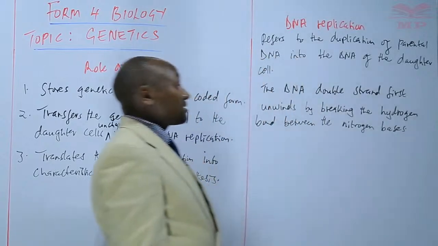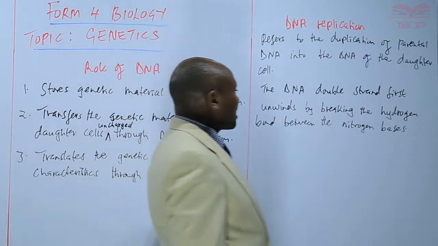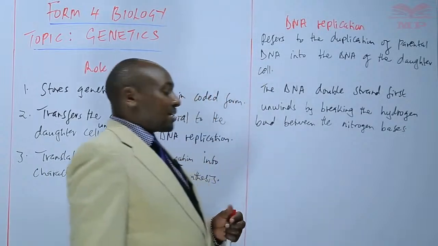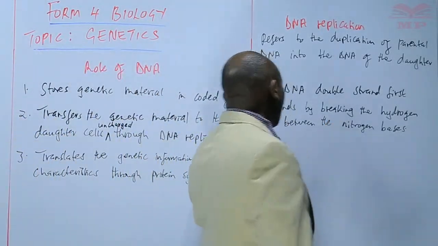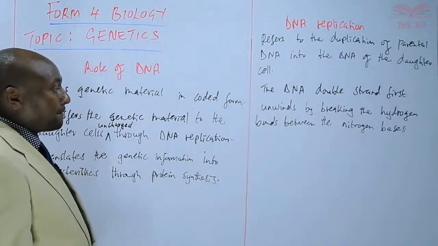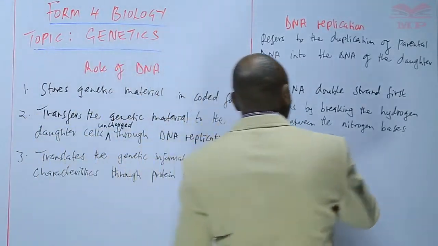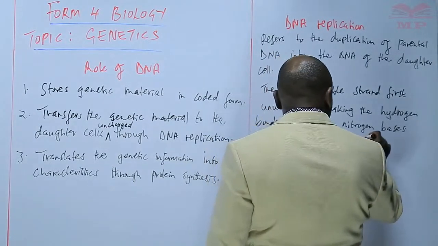So that is the first step before the DNA replicates. The DNA double strand first unwinds, and when it does so, it breaks the hydrogen bonds between the nitrogen bases, so that you have now two separate strands.